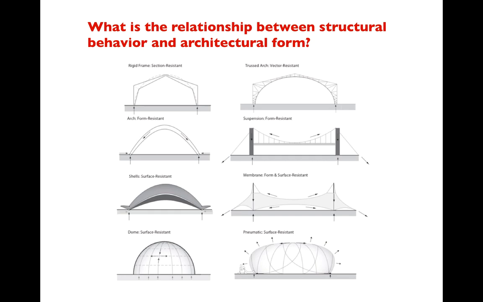Form-resistant structures where we're looking at funicular patterns, funicular shapes, the way that structures hold loads in pure tension or pure compression. And more exotic things like surface-resistant structures, domes, shells, things like that, that actually use the three-dimensional double curvature of structures to carry loads, not across their sections or along their axes, but rather across their whole surfaces.